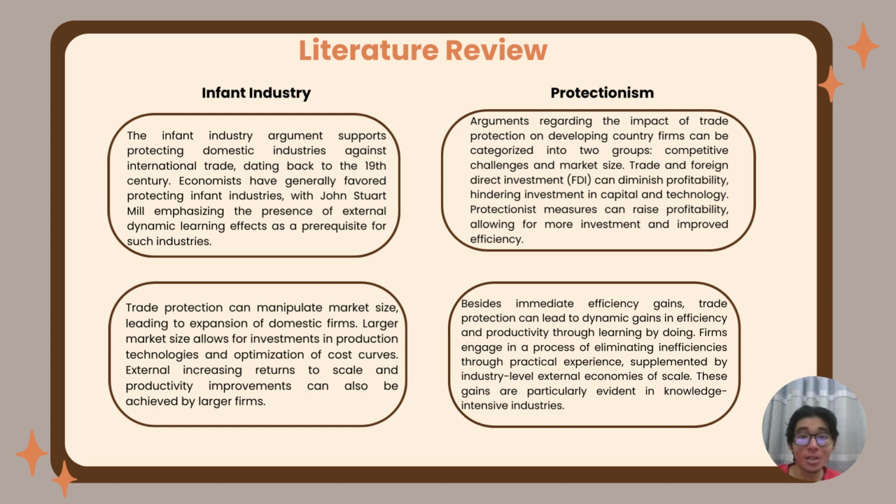Learning by doing means that firms engage in a process of eliminating inefficiencies through their practical experience in the production processes or production cycle, supplemented by industry level external economies of scale. These gains are particularly evident in knowledge intensive industries.